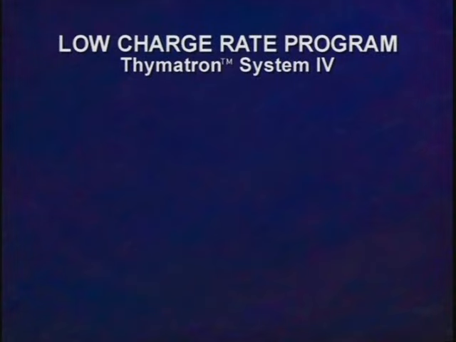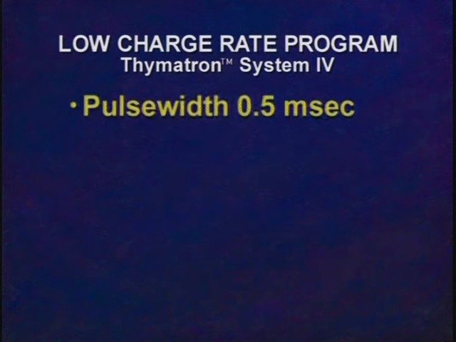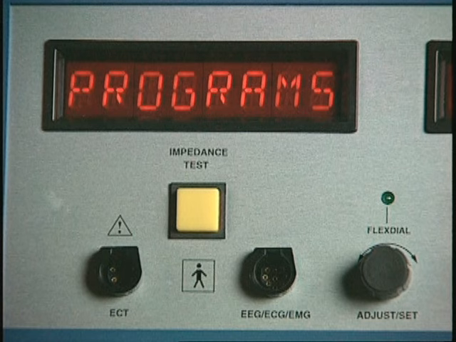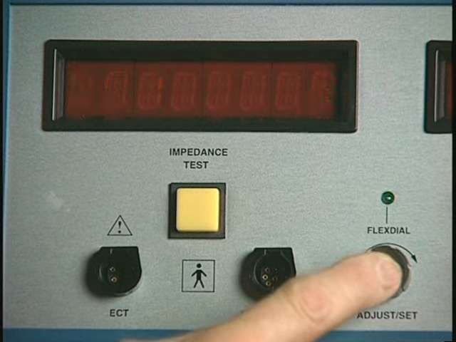The Thymatron System IV is shipped with the low charge rate program already enabled. This program always uses a half millisecond pulse width and automatically adjusts frequency to maximize stimulus duration. To select another program, such as for delivering the lowest charge rate, using a 1/4 millisecond pulse width wherever possible, press the flex dial.